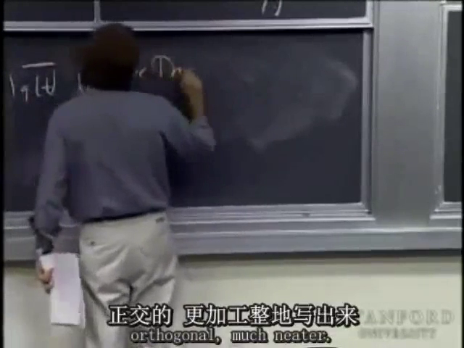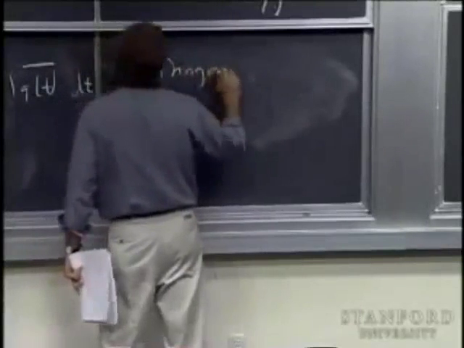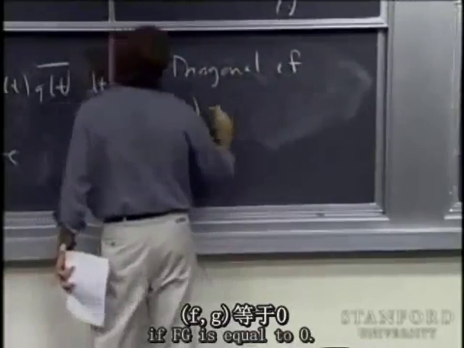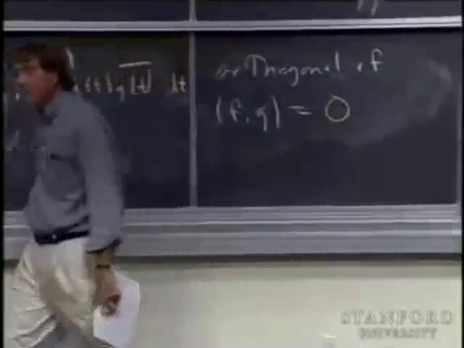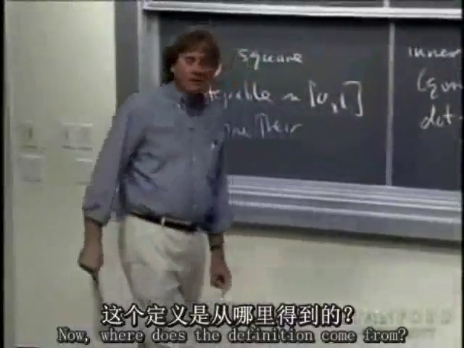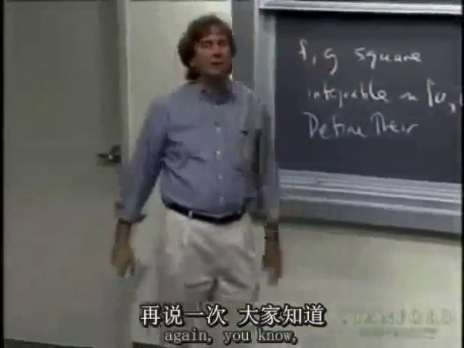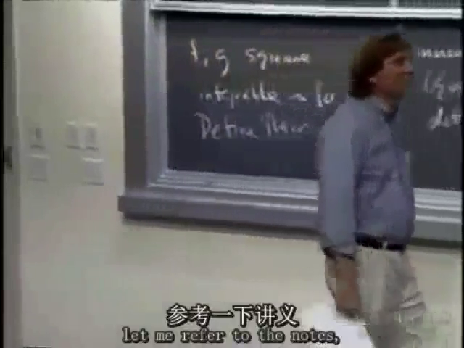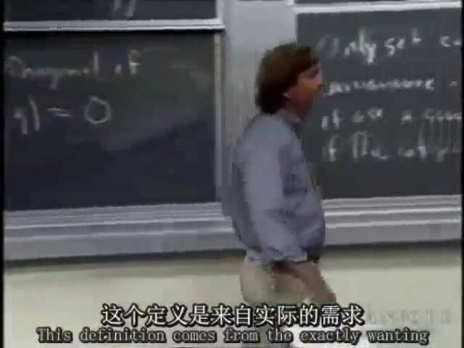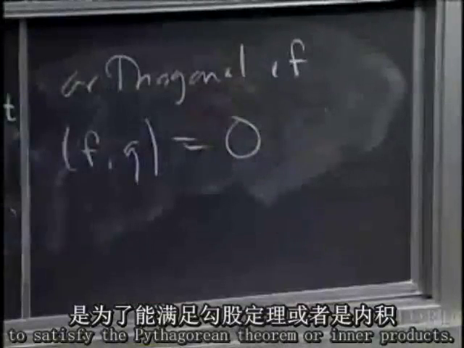If their inner product is 0, if (f, g) is equal to 0. Period. That's a definition. Now, where does the definition come from? Again, because I can't say everything as much as I'd like to, let me refer to the notes, because it's actually not so unreasonable. This definition comes from exactly wanting to satisfy the Pythagorean theorem for inner products.